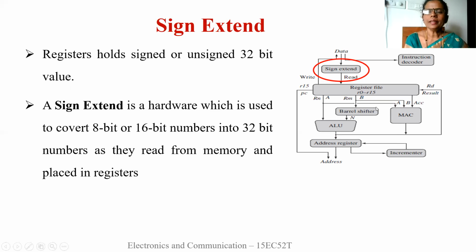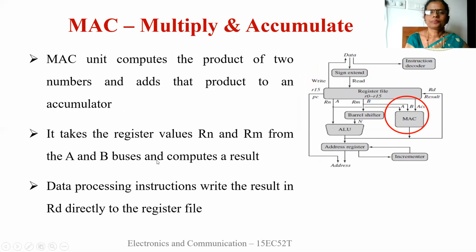So sign extend is a hardware unit which is used to convert 8-bit or 16-bit numbers into 32-bit numbers as they are read from memory and placed in the register.